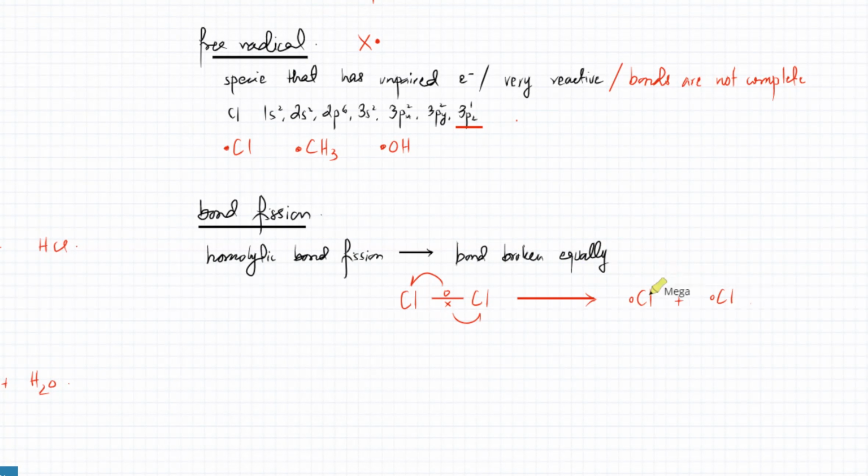It's got unpaired electrons. And simultaneously, you've got another one, which is heterolytic bond fission. Now, heterolytic bond fission is when the bond breaks unequally.